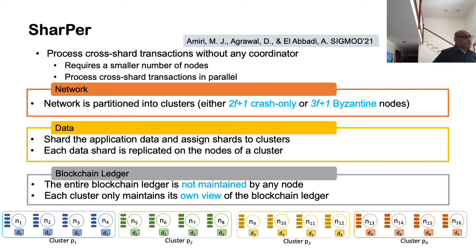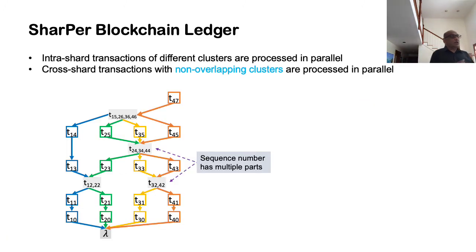And now the question is, how is the blockchain ledger maintained? And I'm going to illustrate that next. So let's look at the global view of the blockchain. This is the starting point, and instead of having a linear chain, now you'll have parallel chains in some sense, one for each of the shards of the blockchain.